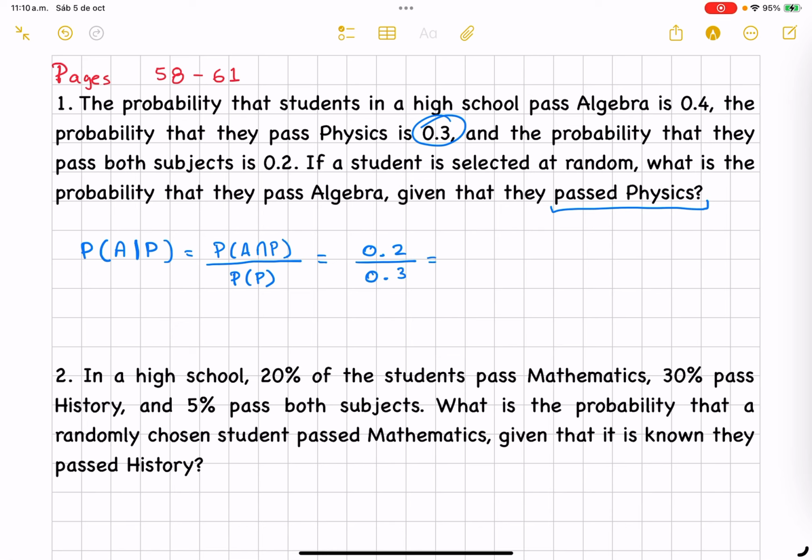That's it. We're going to divide 0.2 by 0.3, and we can transform this to a percentage: 66.67%. This is the probability.